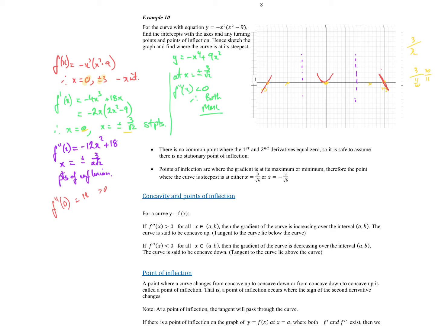I do know that I have stationary points at 3 on root 2. If I put 3 on root 2 into my second derivative, I get negative 12 times 3 on root 2 squared, which is negative 12 times 9 on 2, which is 108 on 2, negative 54.